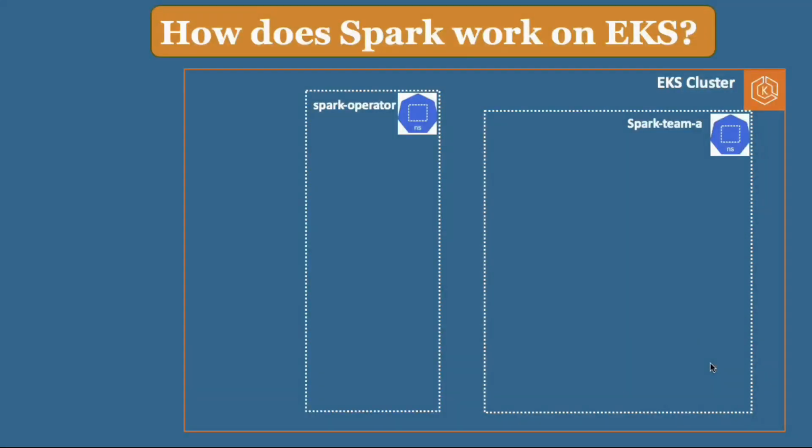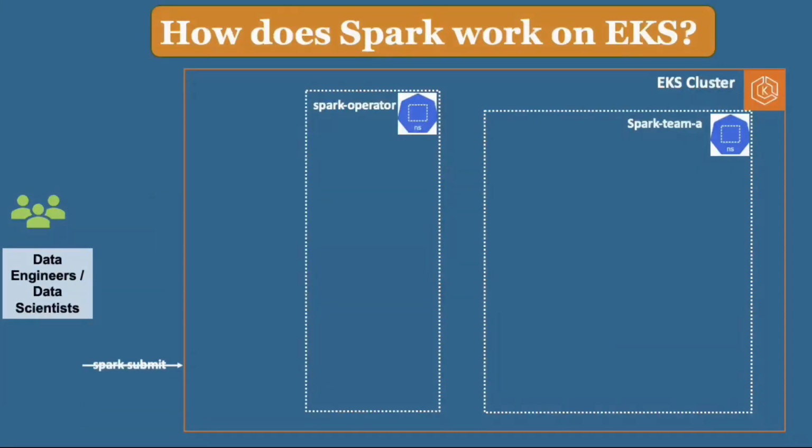Then we have one more namespace for the users to submit their application. So this is called Spark Team A. You can have multiple namespaces corresponding to each of the data team or the data scientist team. So the data engineers will submit the Spark jobs via the Spark Submit API.